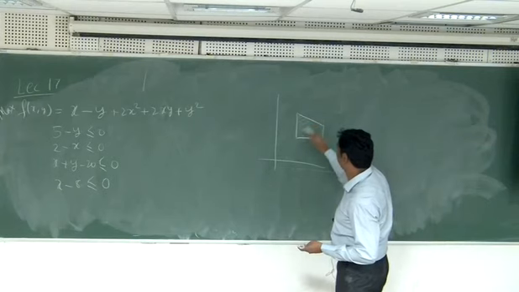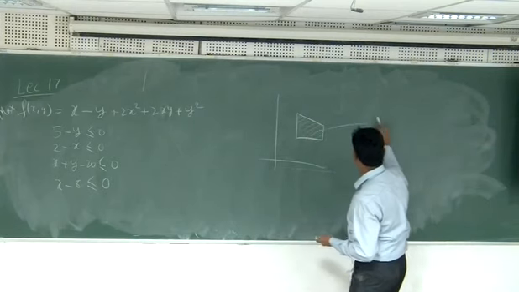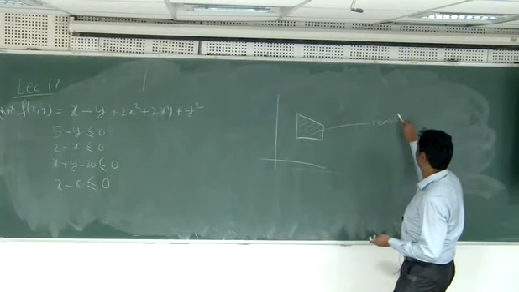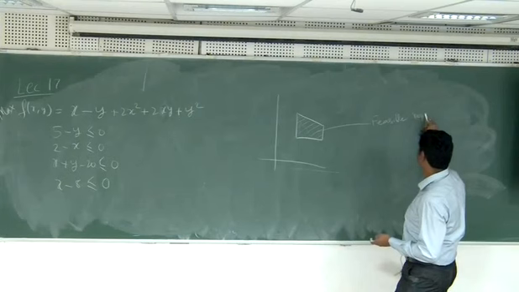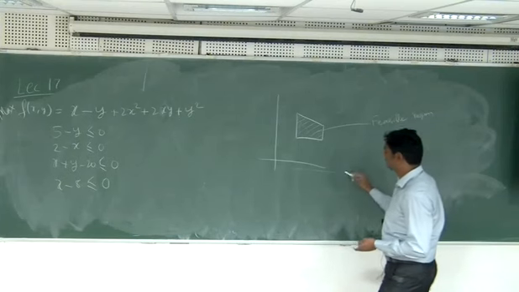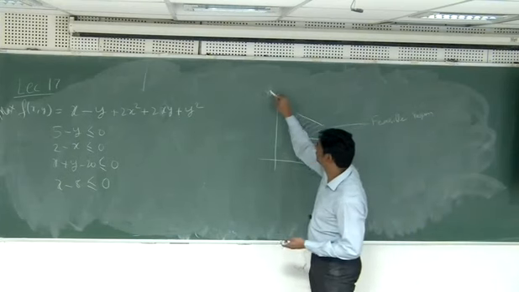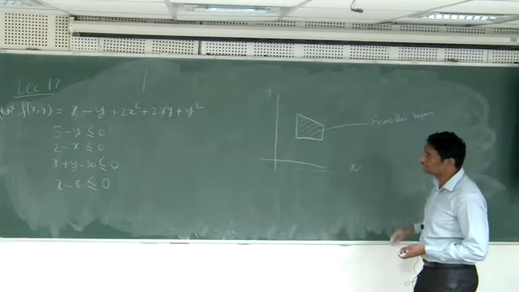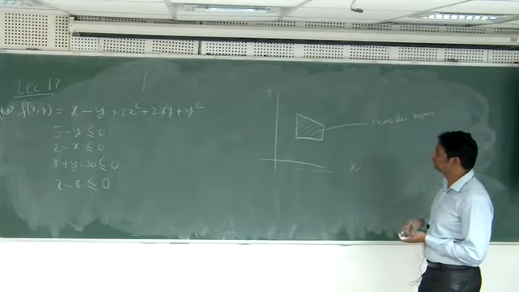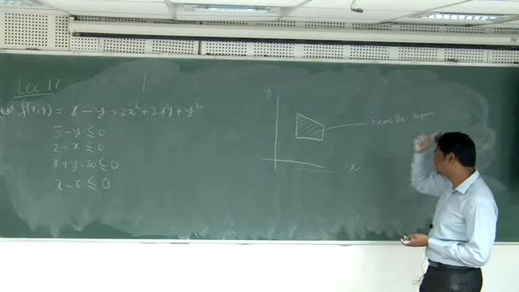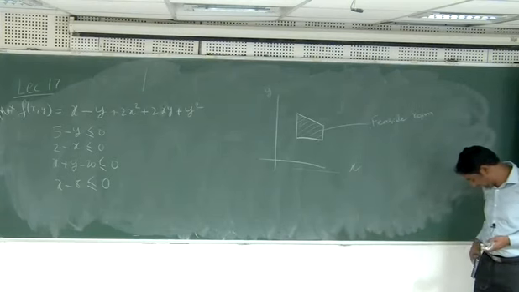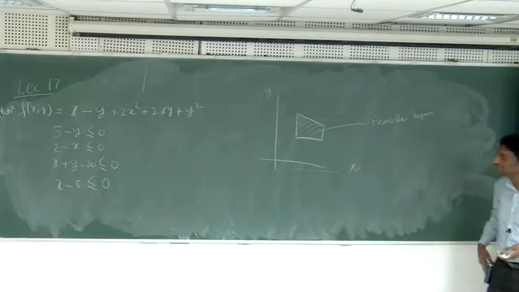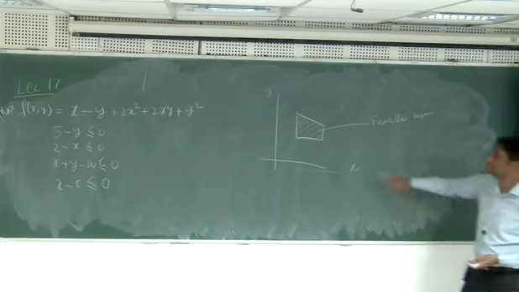This is called the feasible region. This is my design variable x and y. So this is my feasible region.